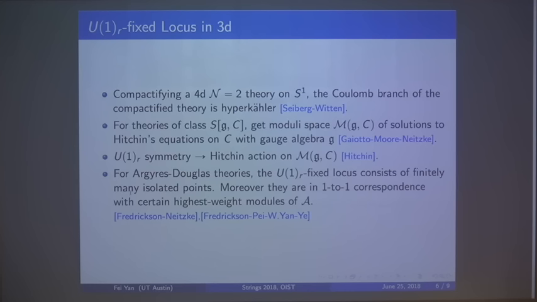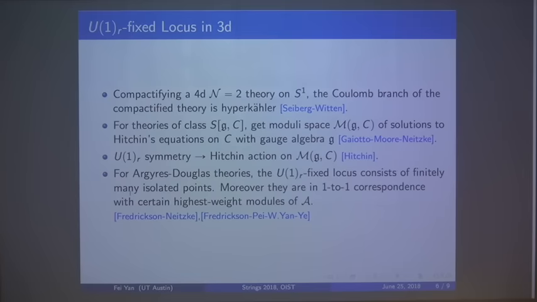If you start with a 4D class S theory, the 3D Coulomb branch is the Hitchin moduli space, and moreover, the U(1)_R symmetry becomes a Hitchin action. An important tool to study the geometry and topology of Hitchin moduli space is the fixed locus of the Hitchin action. It turns out that if your 4D theory is the so-called Argyres-Douglas theory, then the fixed locus of the U(1)_R action actually consists of finitely many isolated points, which are moreover in one-to-one correspondence with certain highest weight modules of the chiral algebra.